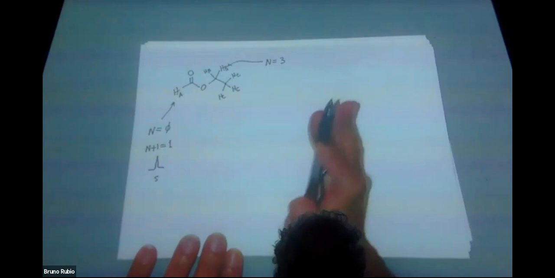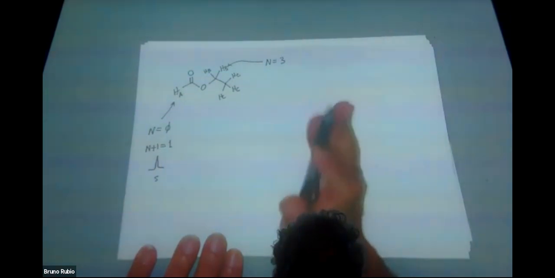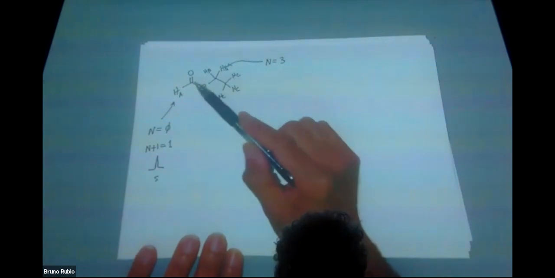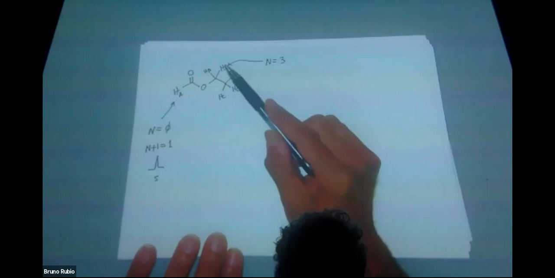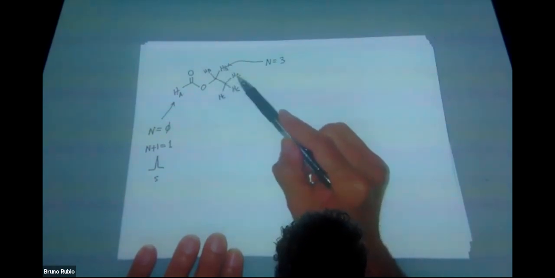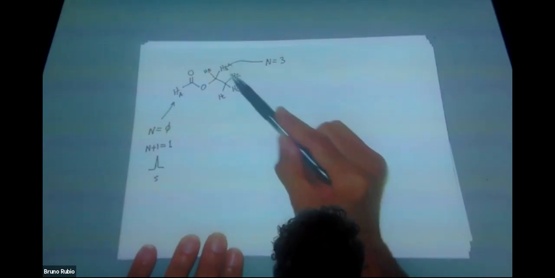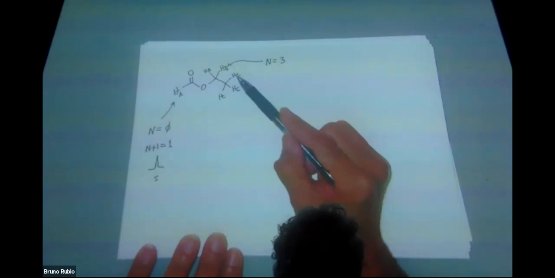So there is no 2 bond splitting. Let's take a little trip 3 bonds away. 1, 2, 3. We hit a carbon. That's not a hydrogen. Let's go the other way. 1, 2, 3. Ding, ding, ding. HB is 3 bonds away from an HC, and the HB are not equivalent to the HC, so there's going to be splitting.